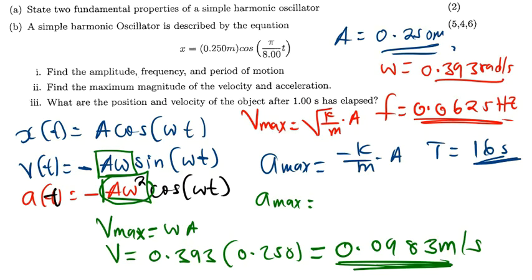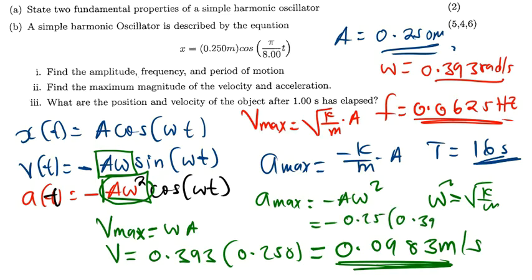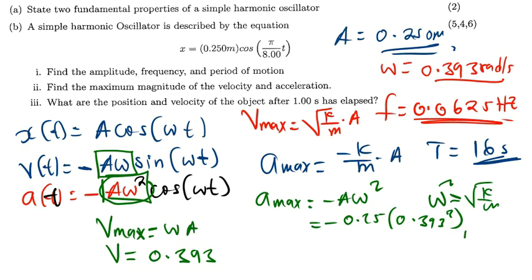What I mean here is, if I make k over m the subject of the formula, then this is going to be squared. That's why we end up having negative this, then 0.393. Now we square it. What will be our answer?